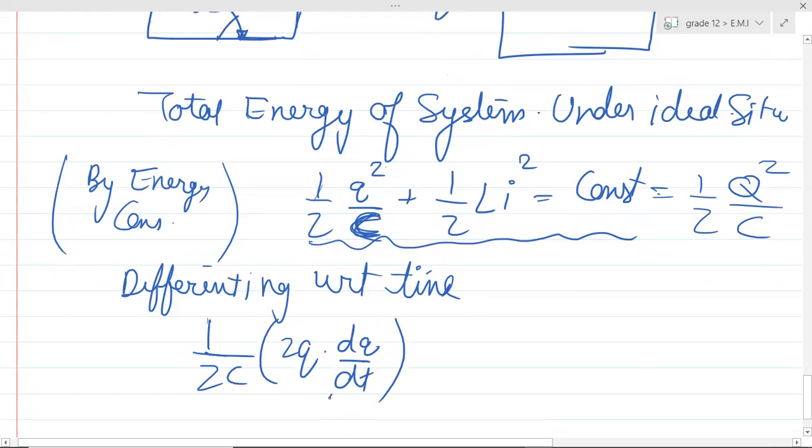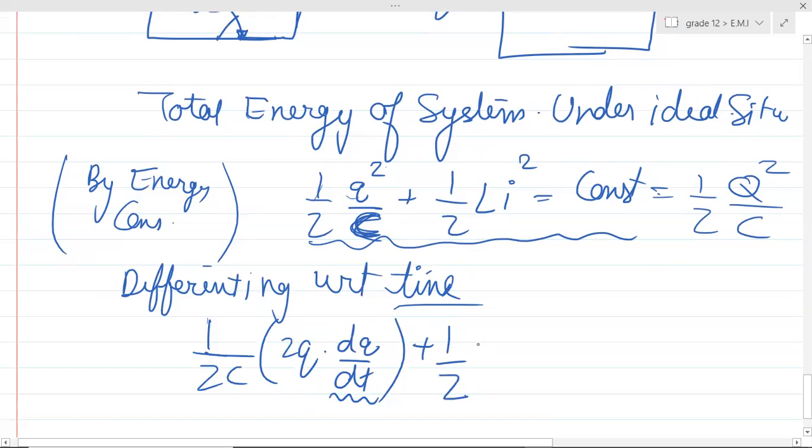This is in accordance with chain rule. If I would have been differentiating with respect to q, then this term would not have joined us. But since we are differentiating with respect to a new variable time, so we differentiated assuming this as something. So something square differentiation is twice of something, and then differentiating that something. Are you getting my point? This is in accordance with chain rule of differentiation.